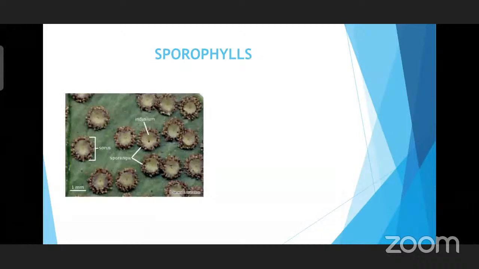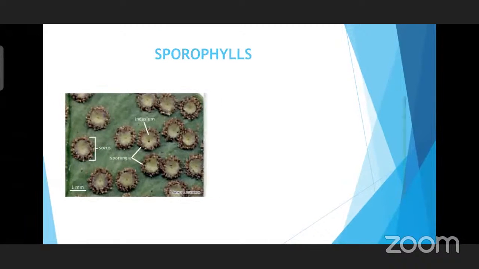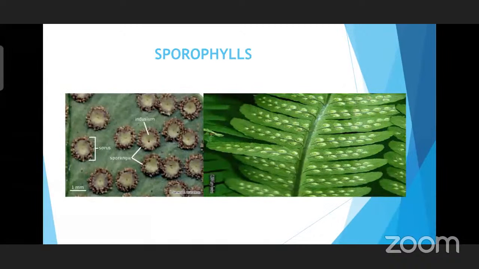You can see the sporophylls and the sori here. The sorus has the sporangium; from the sporangium meiotic division takes place and the spores are bursting out or released, which are haploid spores. Haploid spores give the haploid gametophyte only. And this is the under surface where you can see the sori.